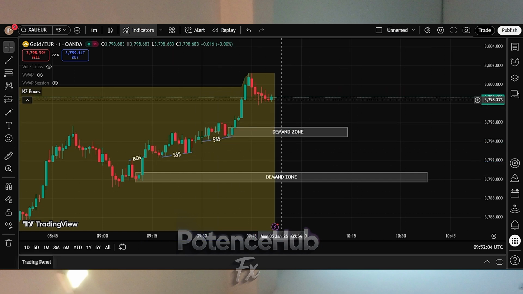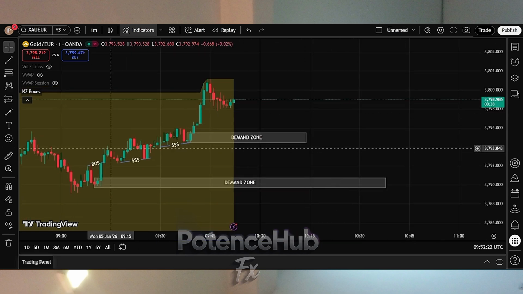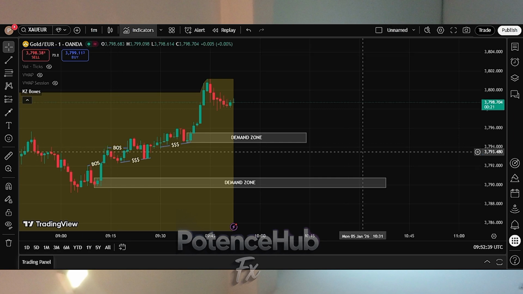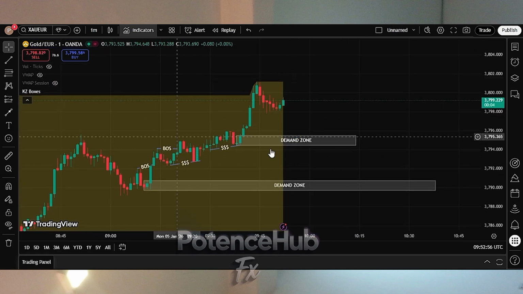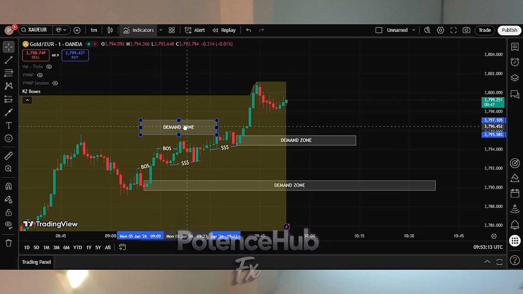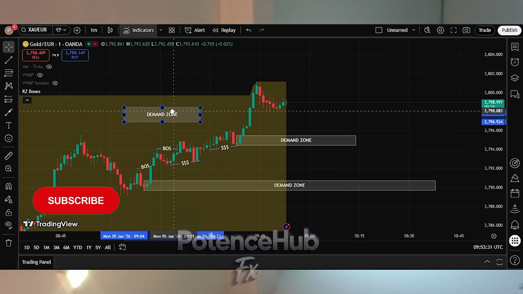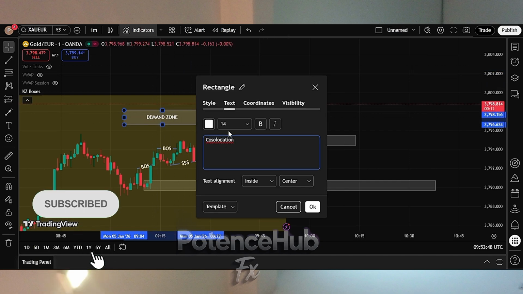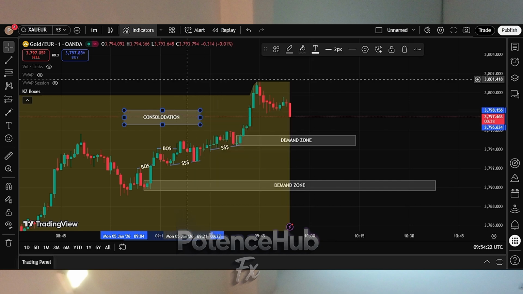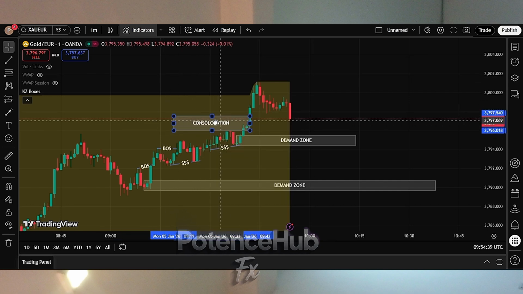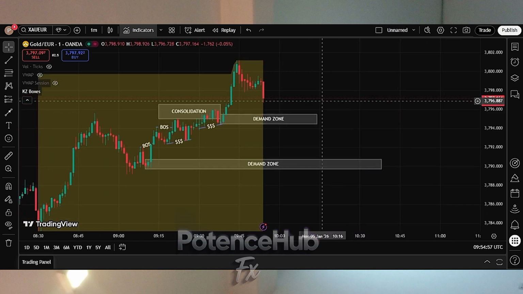So I'm actually going to be identifying my demand zones, and I'm also going to be indicating all of my demand zones. But let me also say this real quick. When we talk about demand zones, we're talking about the point of origin of that particular trend, with respect to time. Yes, that's what it means.